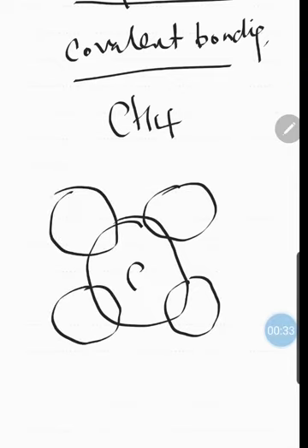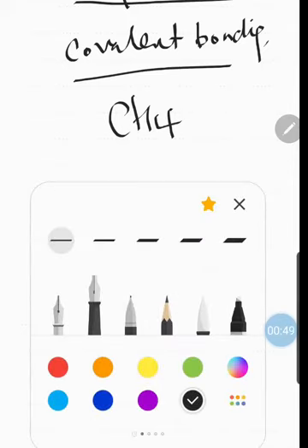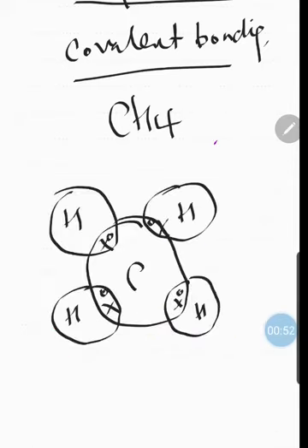This is where GCSE chemistry comes in very handy. We're just going to do the dot and cross diagram of CH4, methane. The key thing to note here, and something really important, is that you've got a pair of electrons between carbon and hydrogen.